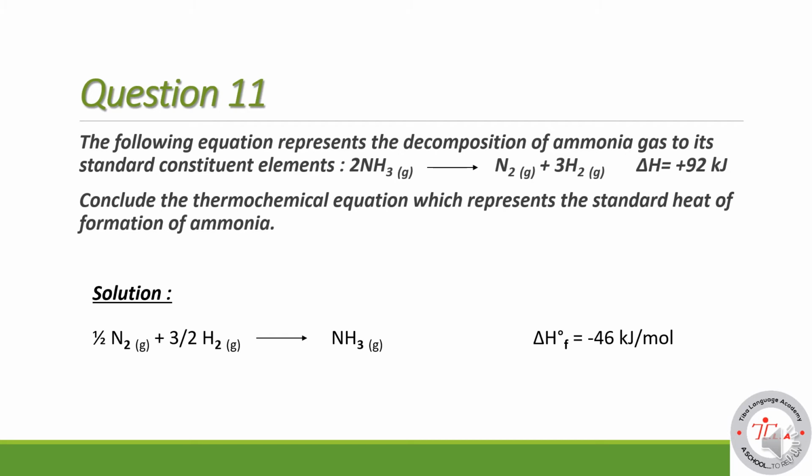The delta H of formation of ammonia will be negative 46 kilojoules per mole. How did we get this? In the upper equation, 2 moles of NH3 equal positive 92. So 1 mole will be 92 over 2, and for the formation it will equal negative 46 kilojoules.